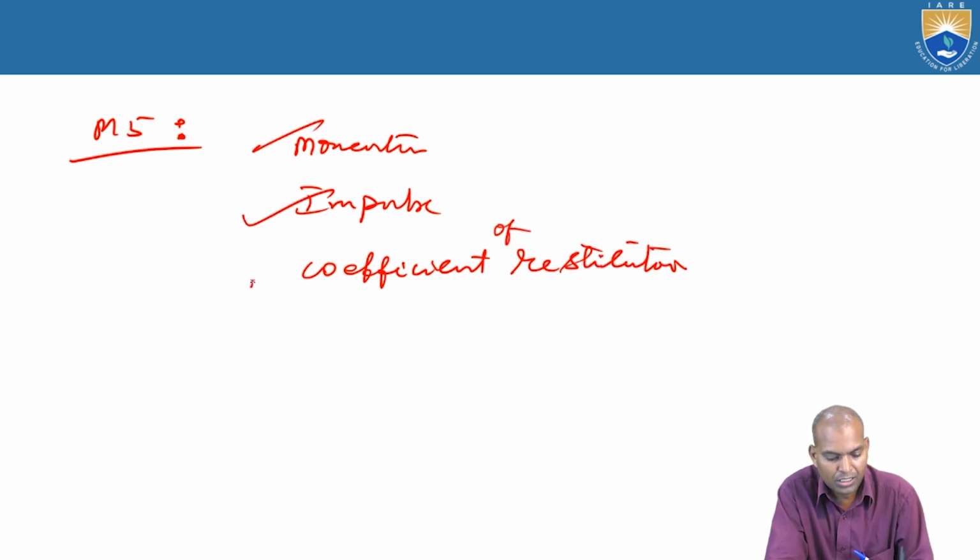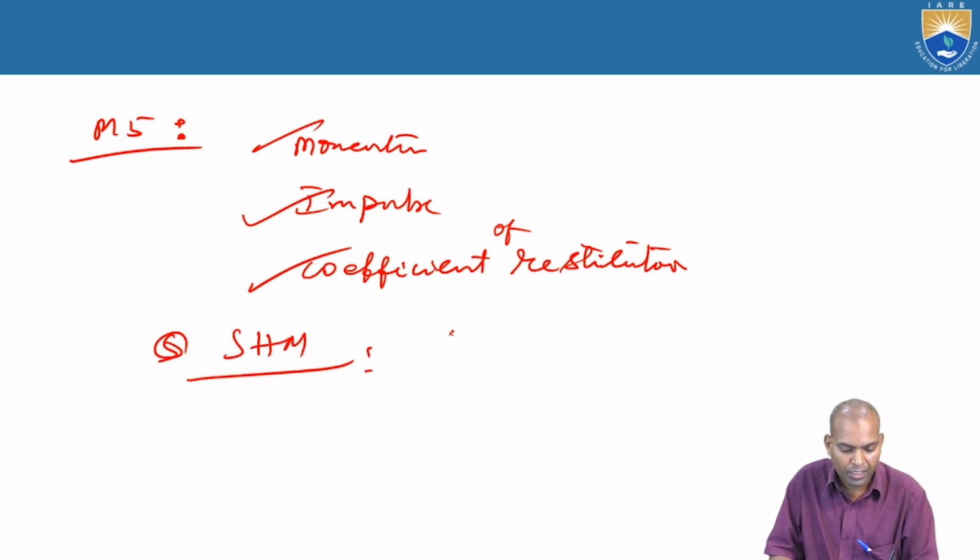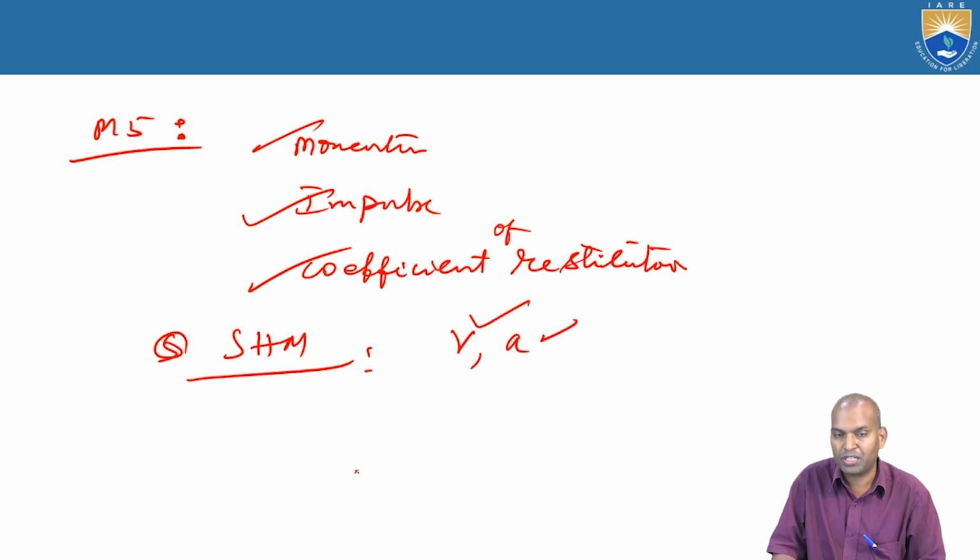These are the three concepts one has to focus on. Coming to the vibration topic, we study simple harmonic motion: what is velocity, what is acceleration, the derived expressions, and also problems on these velocity and acceleration components.